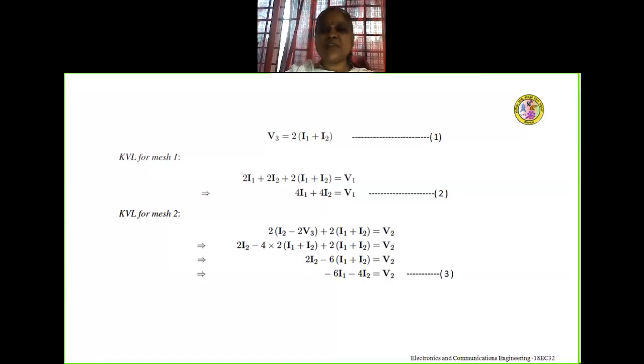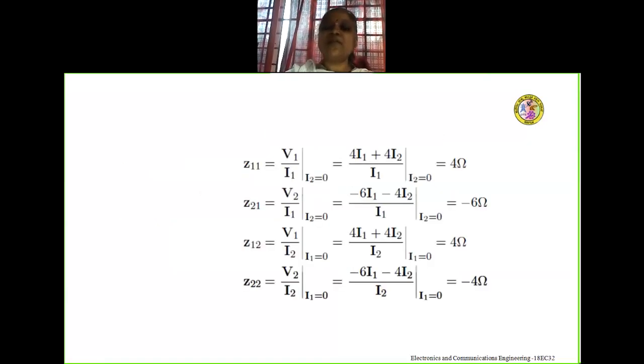Substituting, we get (4I1 plus 4I2) divided by I1. Putting I2 equal to 0, we get 4I1 by I1, which cancels. So the value of Z11 is 4 ohm.